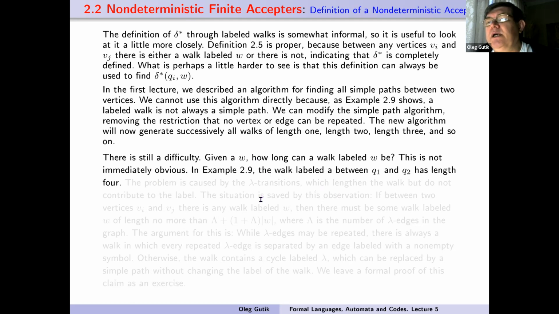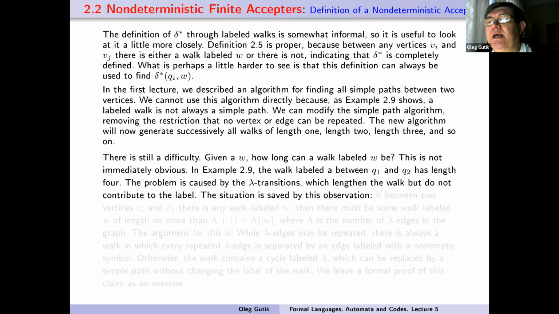In example 2.8, the walk labeled a between state Q1 and state Q2 has length 4. The problem is caused by lambda transitions, which lengthen the walk but do not contribute to the label.